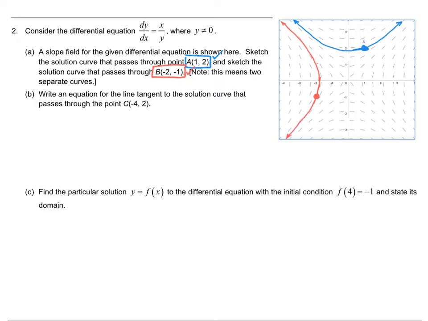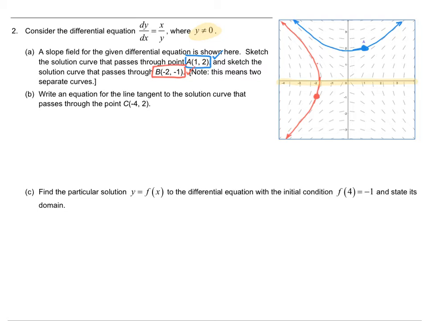But the problem is I completely ignored this restriction. Remember, y equals 0 is along the x-axis, and our solution cannot cross that discontinuity. We have to pick a single open interval that contains the initial condition and does not violate any restrictions from the differential equation or the solution.